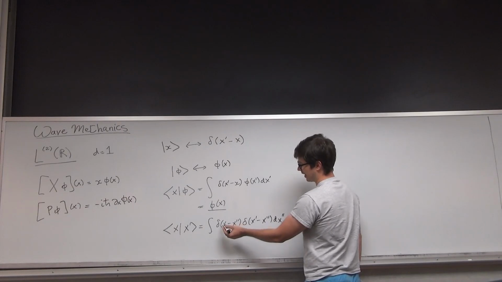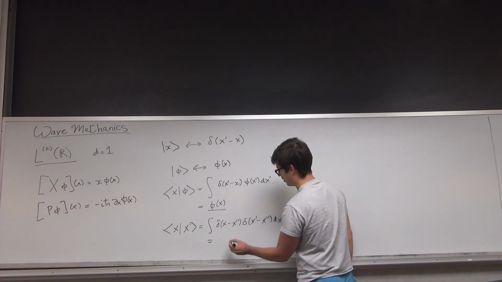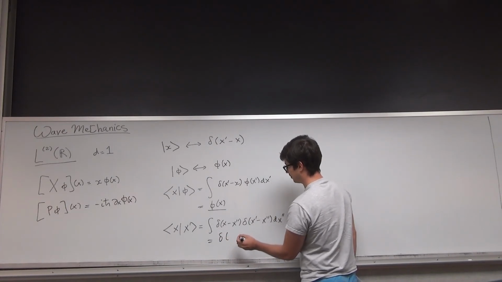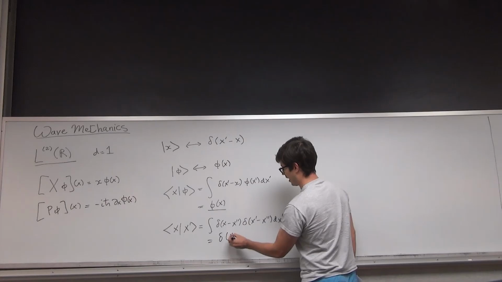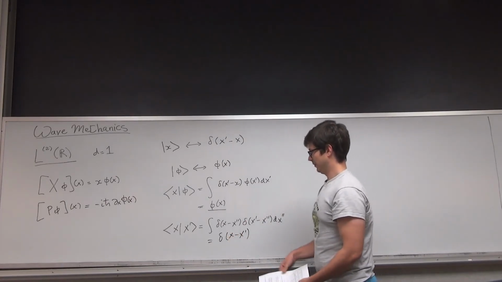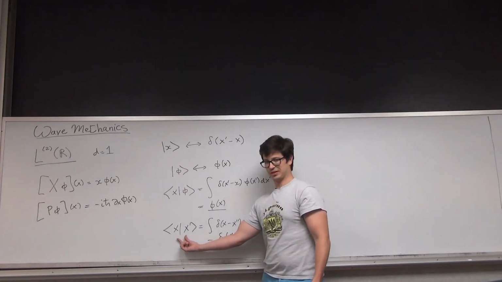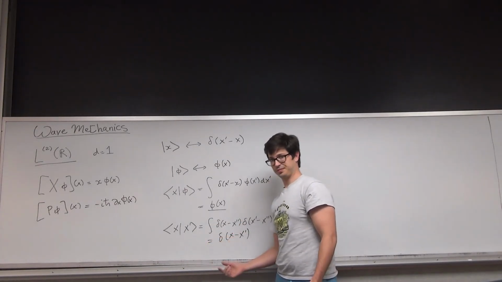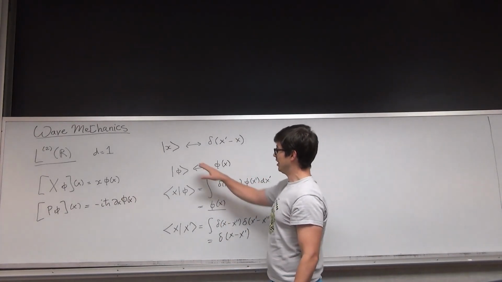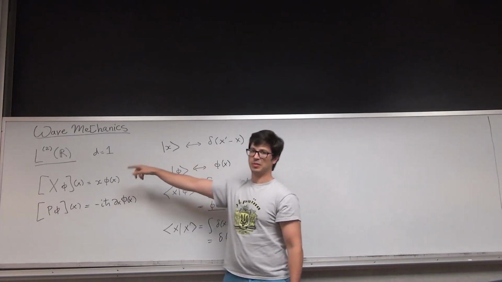This vanishes everywhere except where x double prime is equal to x, so this becomes just what you'd expect, delta of x minus x prime. And that's what you wanted all along, if you remember, this is supposed to be the inner product of these basis vectors. But they're not really basis vectors, again, because they're not elements in our space.